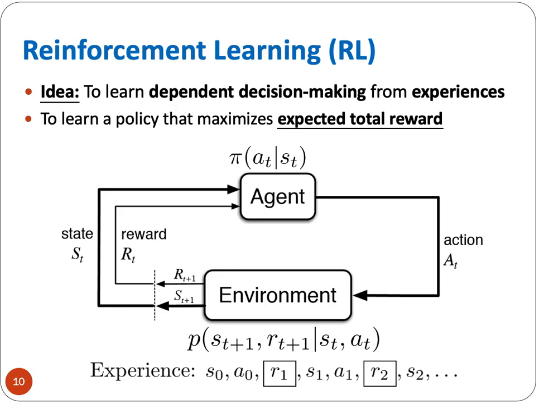The training starts with the agent taking an action based on observing some state signal from the environment. Given this action and state, the environment responds with a reward signal indicating how good the action is. At the same time, it also outputs a new state for the agent to take the next action. The process repeats until a terminal state is reached.